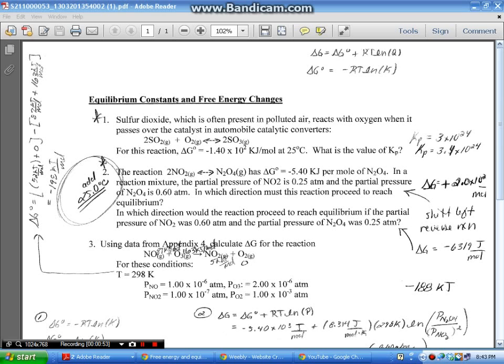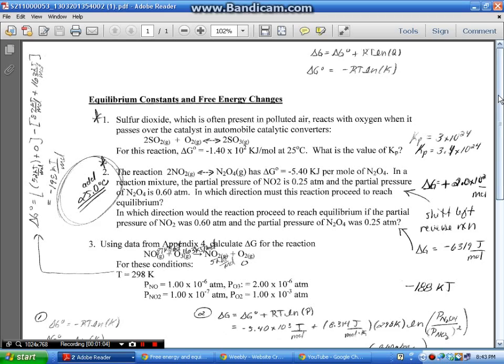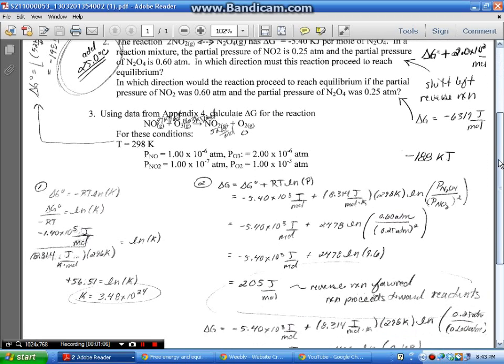Okay, in this first problem, you are given your reaction and the delta G naught, and it's asking for the value of K sub P. So what we would want to do is recognize that at equilibrium, the delta G would be 0. So we would apply this equation. I'm plugging in my delta G naught.